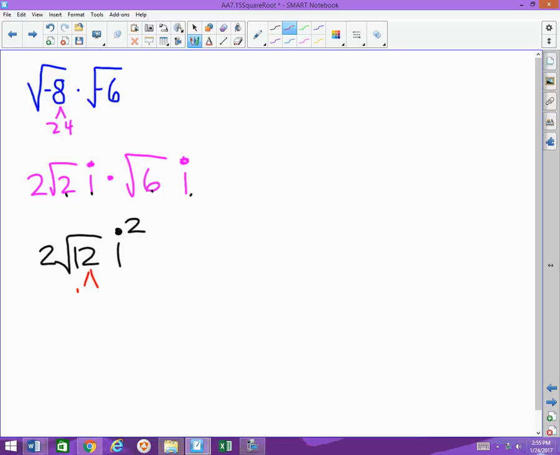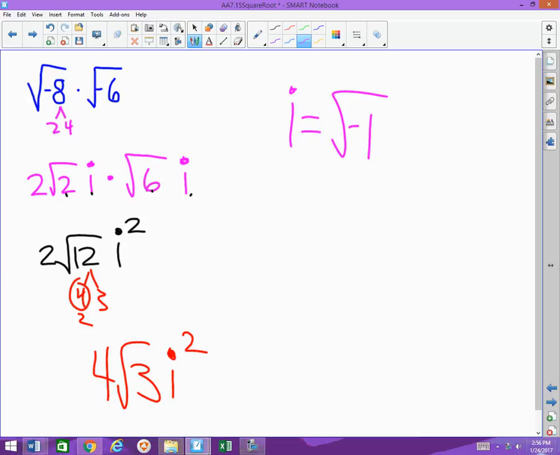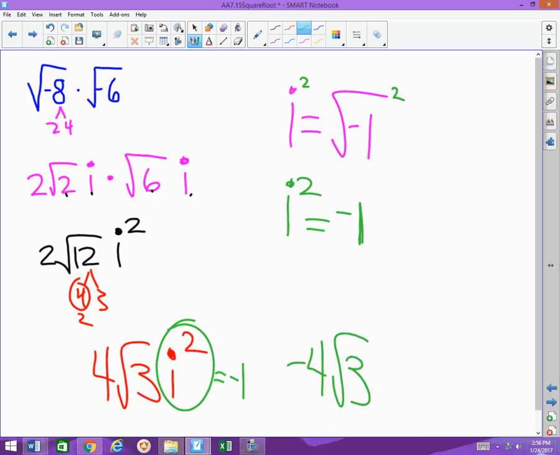And 12 can be 4 times 3, so the square root of 4 is 2, so 4 square root of 3 i squared. Now we know that i is equal to the square root of a negative 1, while i squared, if you square this and you square that, is equal to a negative 1. So then this turns into a negative 1, and a negative 1 times 4 square root of 3 would be a negative 4 square root of 3.